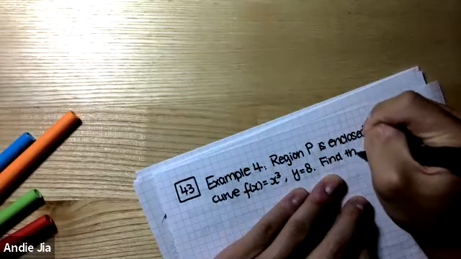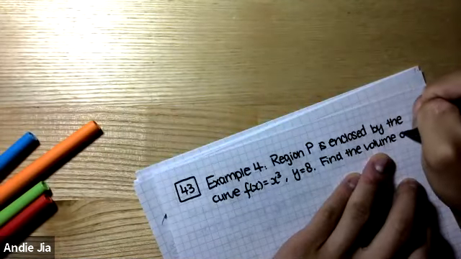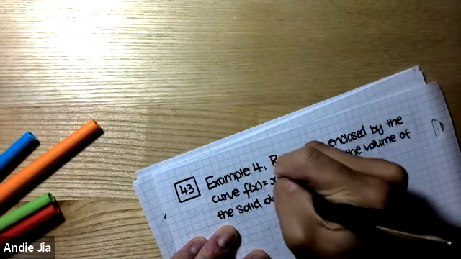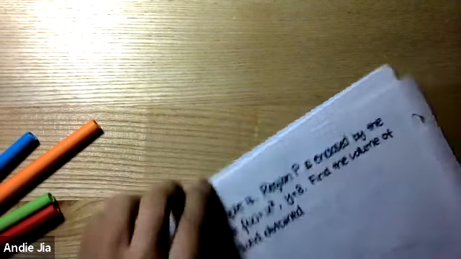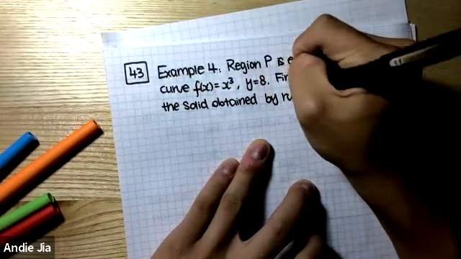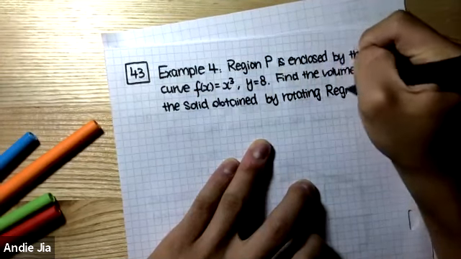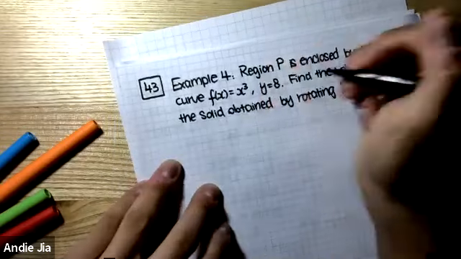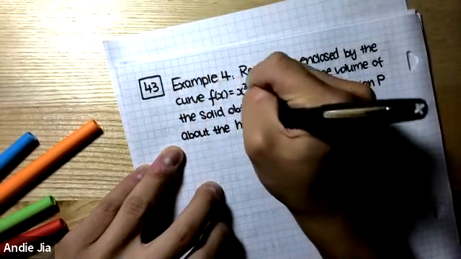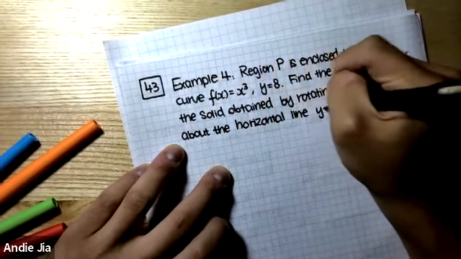Find the volume of the solid obtained by rotating region P about the horizontal line y equals 10.